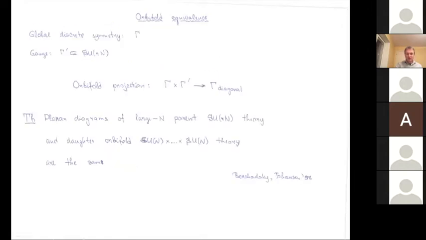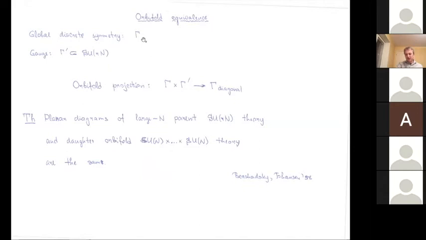So let me say a few words about what orbifold means in the field theory context. Suppose that we have a gauge theory with some global discrete symmetry gamma that we can also embed in the gauge group. So there are two groups, gamma and gamma prime.